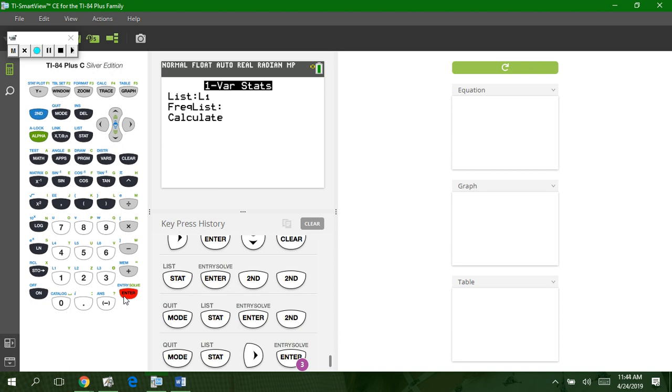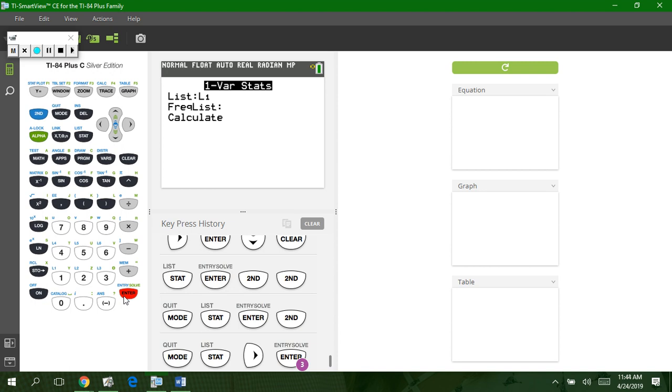Usually that's what people get wrong on the test, they miss a number, because this test is going to be basically 100% calculator. So be very, very careful when you're entering your information. Okay? All right, what does x bar mean? Average.